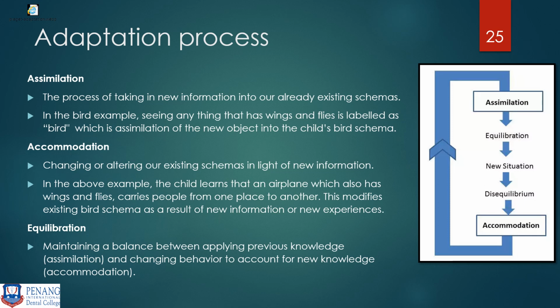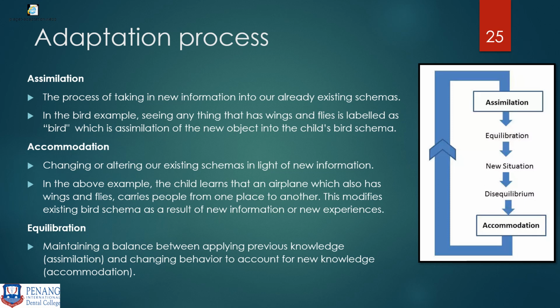So that means now the child will accommodate aeroplane into his bird schema. He can do that maybe by having another schema of aeroplanes, right? So in that schema of aeroplanes, anything which flies and carries people will be called an aeroplane. In that schema you can have jet fighters, commercial flights, a cargo plane, and everything.